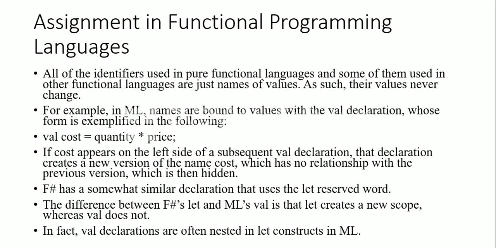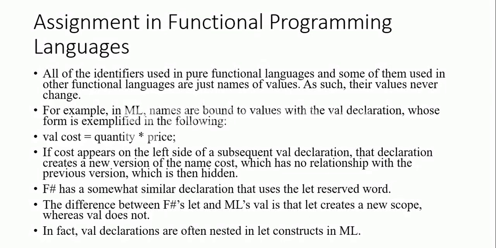So cost is a variable and its value will be quantity times price. And F# also has a similar declaration, but it actually uses the reserved word let. Okay. So the difference between F#'s let and ML's val is that let creates a new scope, whereas val does not.